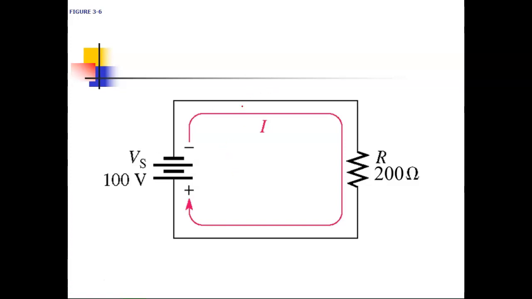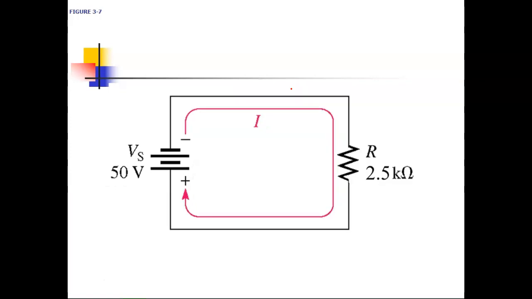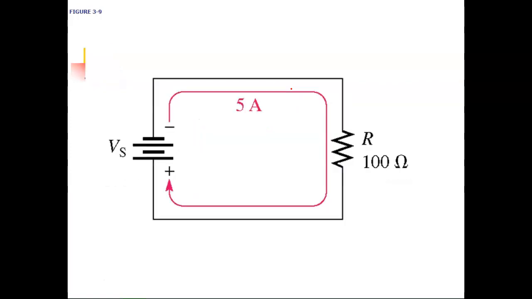So that's 100 divided by 200, and it should be 500 milliamps. Okay? All right, let's go to this one.